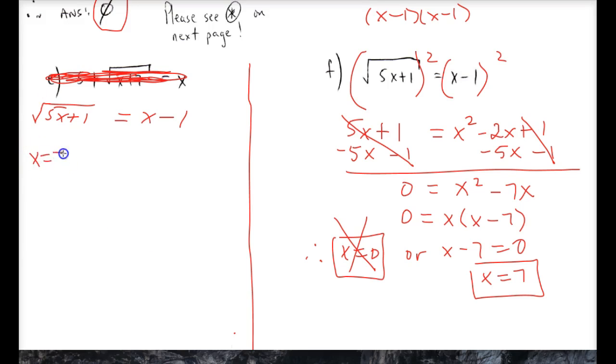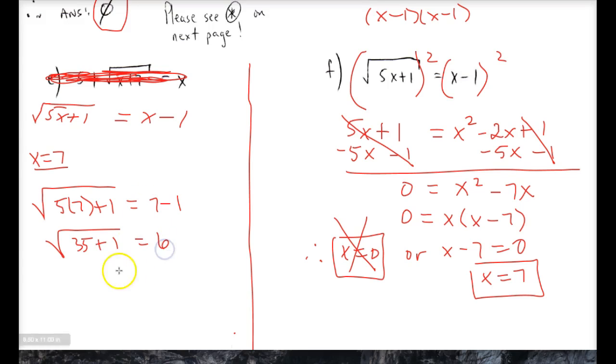So now let's do x equals 7. We plug in 7 into here, have that equal 7 minus 1. Of course, 5 times 7 is 35. 7 minus 1 is 6. 35 plus 1 is 36, and then square root of 36, the principal root of that is 6. So that is our valid solution.